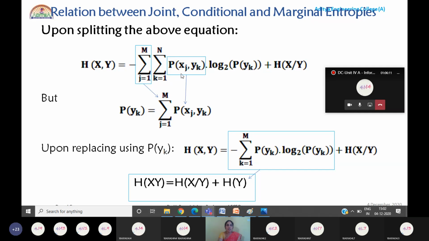If you replace this whole as p of yk, the final term will be minus summation k equal to 1 to n p of yk into log p of yk base 2.